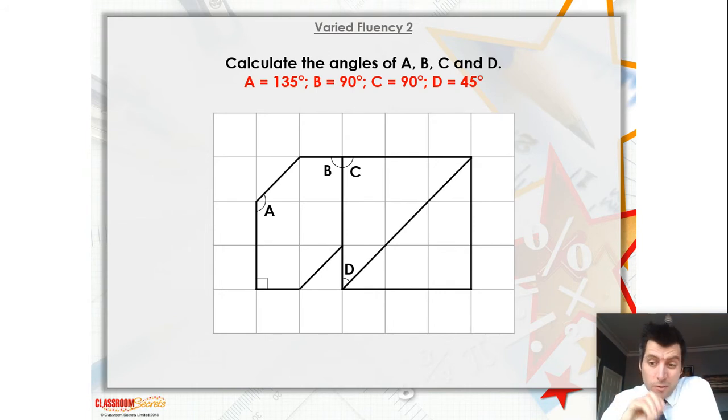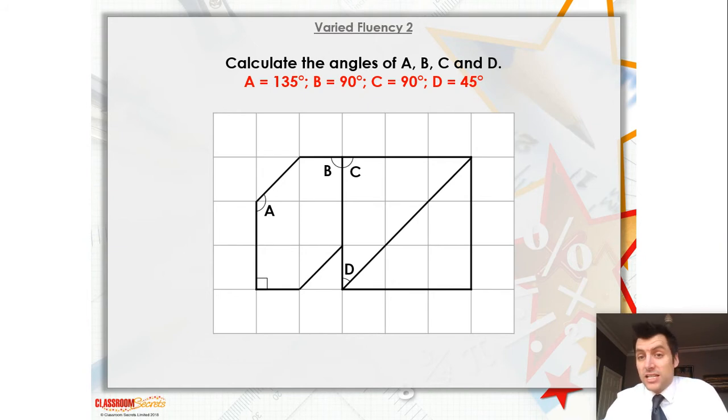First ones I spotted were B and C. Both of them then are 90 degrees because they're both right angles. The horizontal line and the vertical line are intersecting like a capital T. Now, I know that 90 degrees is a right angle and that D is half a right angle because the diagonal line cutting across from D is cutting right through the corner at the top right hand of that square.